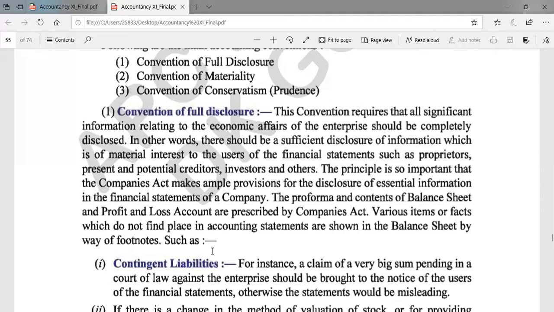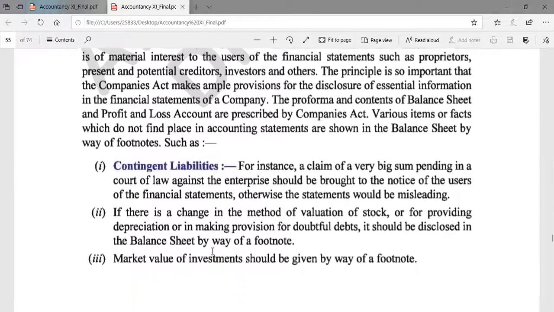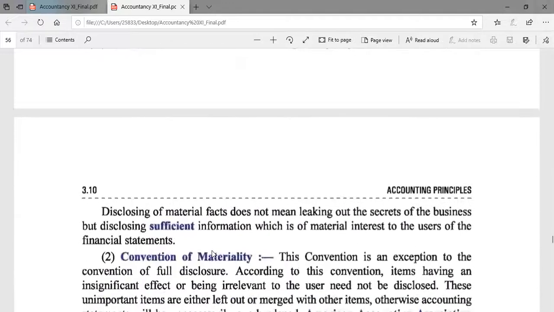That means every financial transaction involving money is going to be disclosed and recorded while preparing the books of accounts, so that all the related information is communicated to the parties interested.